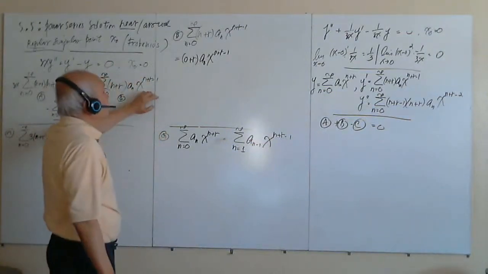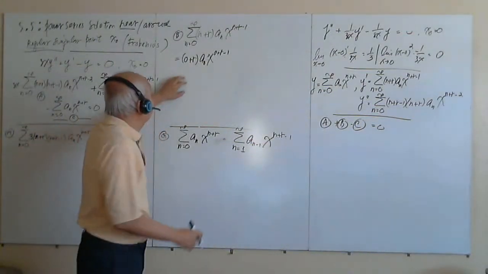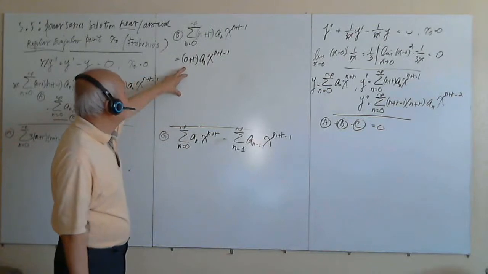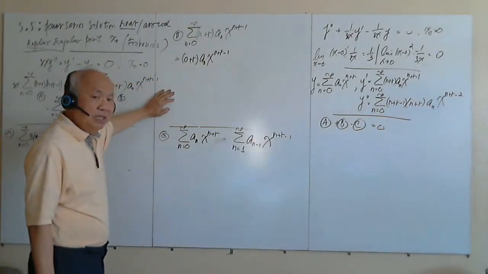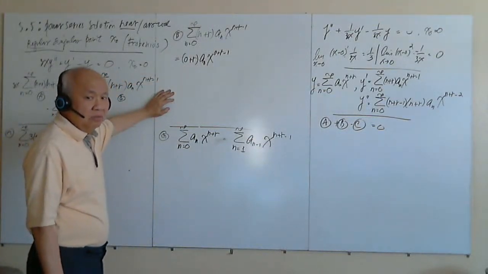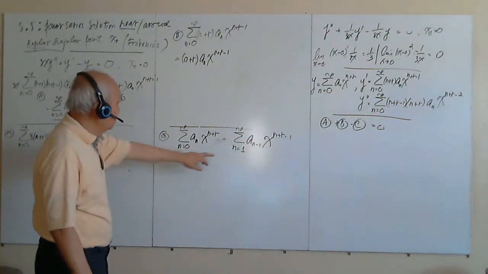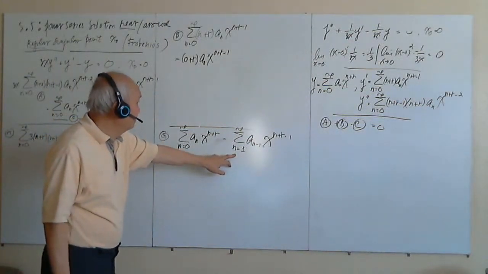Am I correct? Because I am shading n equal to 0, because I would like to start n equal to 1 in order to be consistent with the C here.